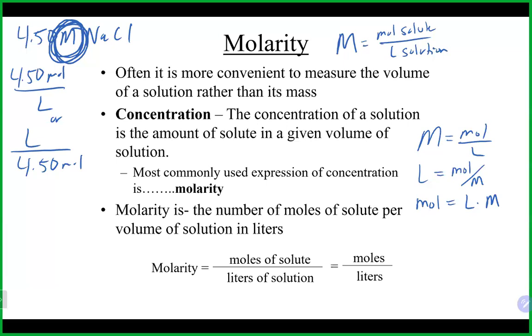Any questions on that? That's also really important because when you do this calculation to figure out the moles, the volume should always be in liters. Otherwise, you may leave it in milliliters, which is a very common thing that people do. It will not work right for you, because if you take milliliters and multiply by molarity, you actually don't get moles, which is probably what you're looking for.